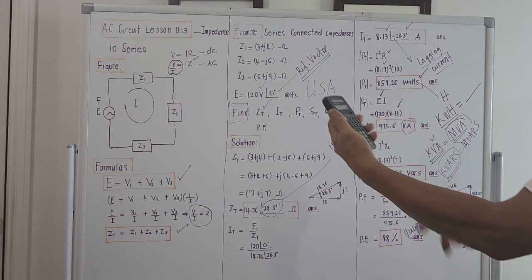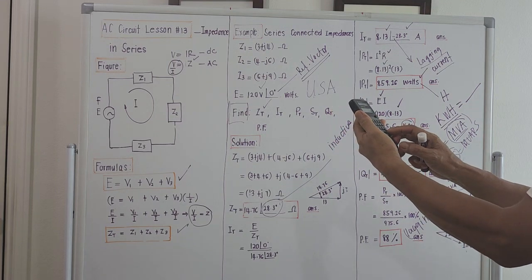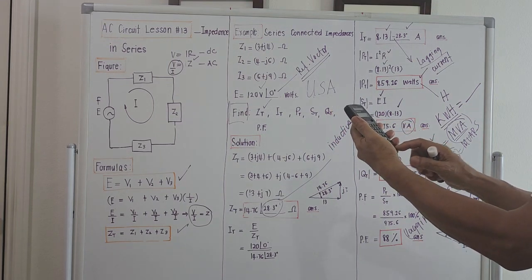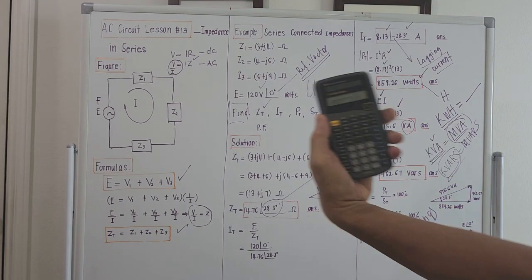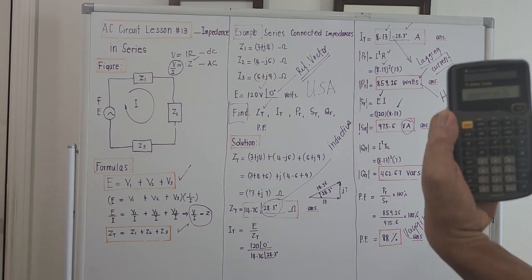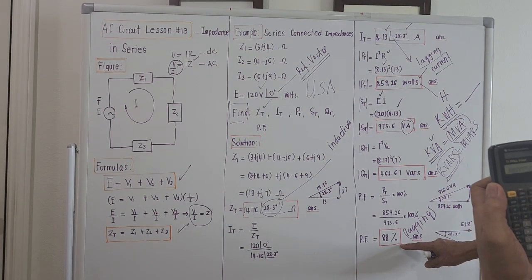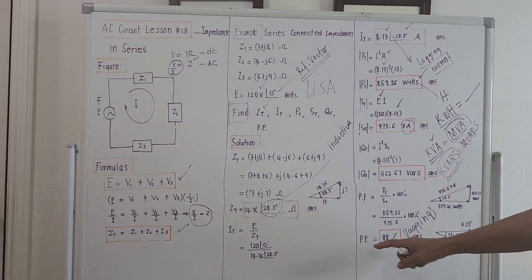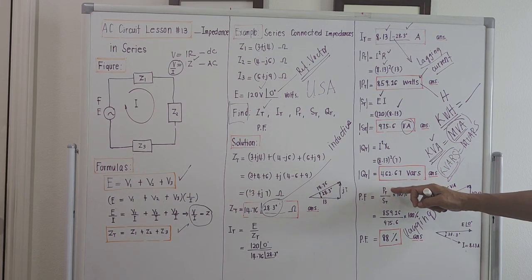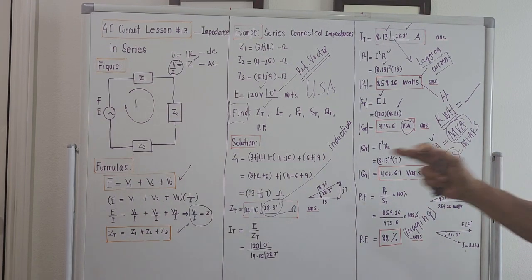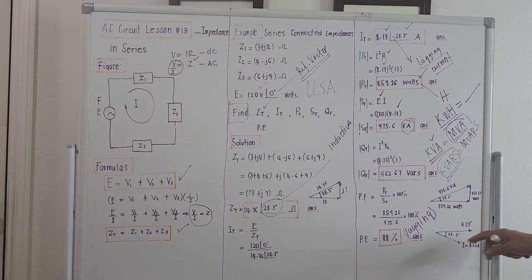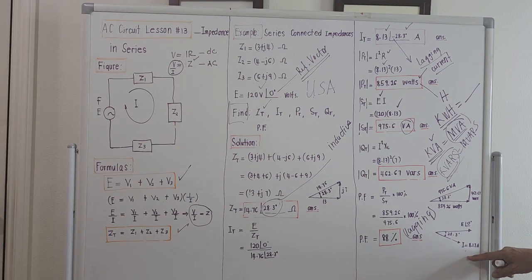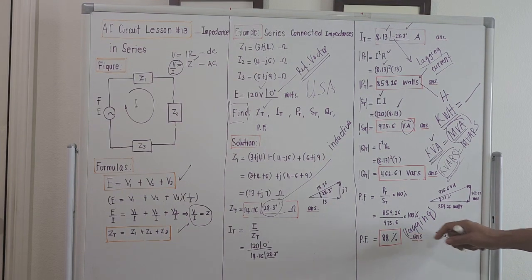Take the cosine of this, multiply by 100, and this should be 88%. Same as this one. Okay? So this just checks the correctness of this power factor to be 88% using the ratio of true power over apparent power. Or as a second solution, take the cosine of the angle between the applied voltage and current, and that will still be the power factor with the given condition, lagging.